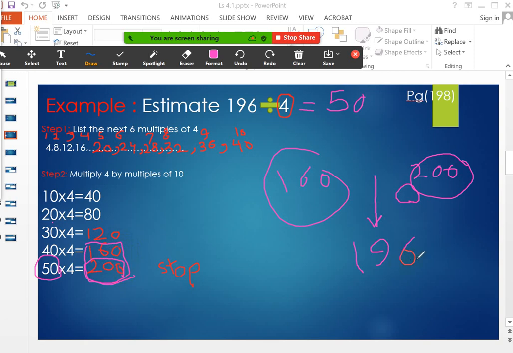So 196 is between 160 and 200, but it's close to which number? It's close to 200, right? So the answer will be the counting number that I multiply with 4 to find 200. That means 50. So the quotient for this division will be about 50.